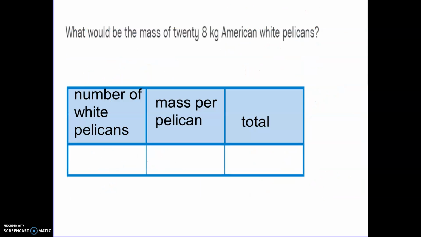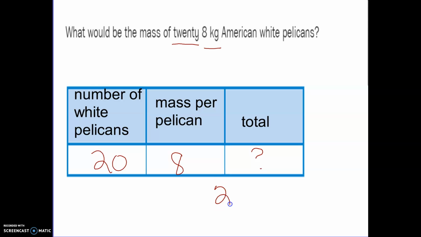Here's another problem. What would be the mass of 20 8-kilogram American white pelicans? So the number of white pelicans, there's 20 of them. And mass per pelican is going to be 8 kilograms. So we want to know what would be the mass of all of them.